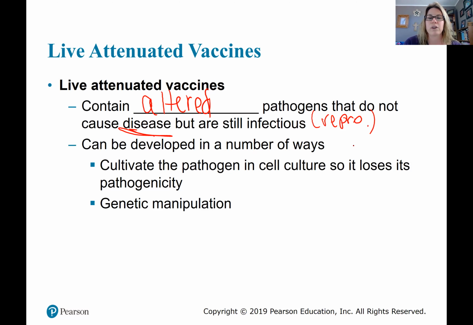So if you're getting a harmless bacteria or virus replicating and producing more and more of itself throughout the body, just think how much stronger that immune response is going to be because it's detecting more and more of the antigen. So these are very beneficial.